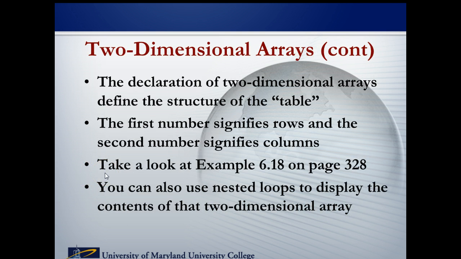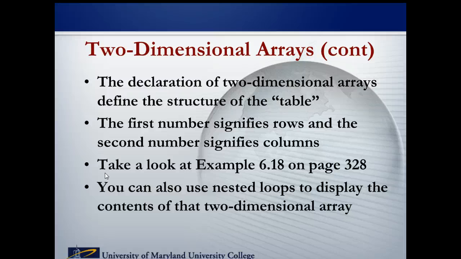So the multi-dimensional arrays, this is what I alluded to earlier as a table, and a multi-dimensional array can certainly be more than two dimensions, but we're not going to get into that because that gets really complex and it's hard to wrap the brain around.